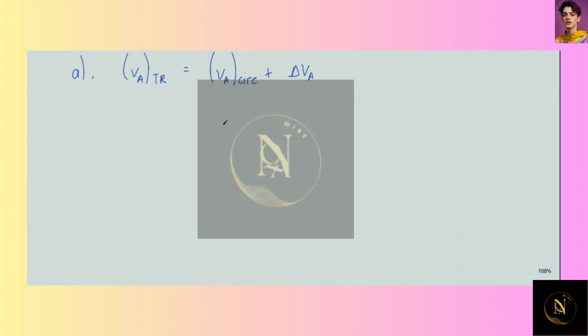Delta VA is the speed difference, or the speed change, when transferring orbits. So this is 1,493, which we calculated above, minus the given rate, 26.3, and that's meters per second. Hence we get VA TR to be 1,466.7 meters per second.